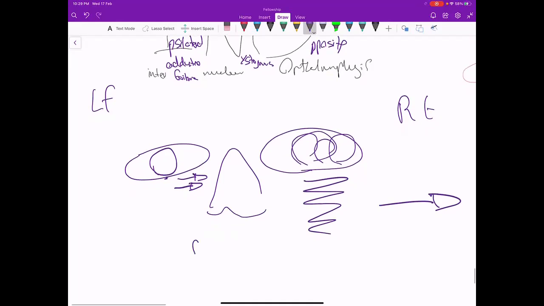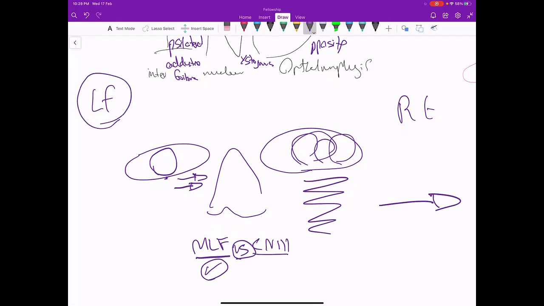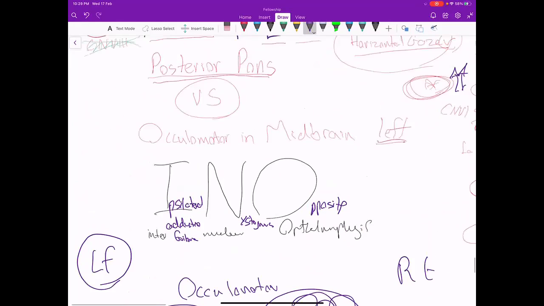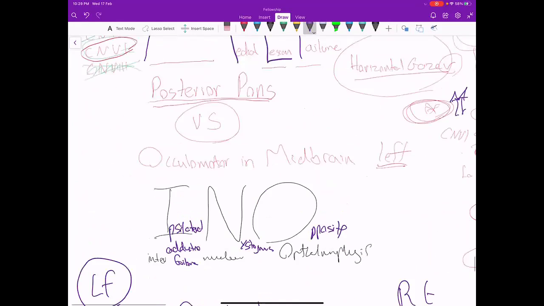So do I have a lesion of the MLF, or do I have cranial nerve 3 oculomotor nerve damage right now? What is this? MLF. Is it the left or the right MLF? The left. Why? Because we said it's where the oculomotor nerve doesn't work. We also said it's where you have medial failure. The eye cannot go medially.